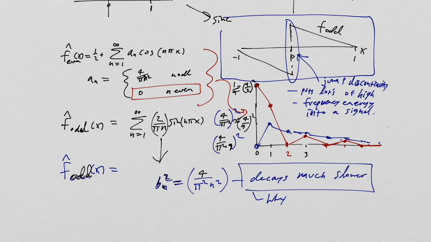Okay, so because there's that jump discontinuity, it always puts a lot more high energy into a signal. So the long and the short of the story here is that you should always try to get a Fourier series without jump discontinuities.